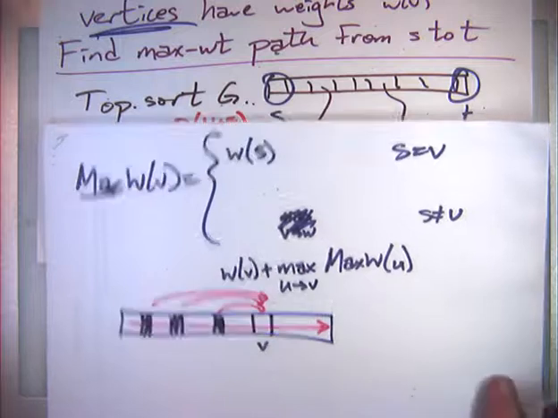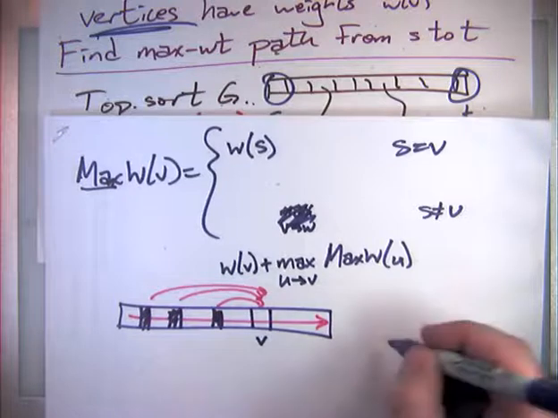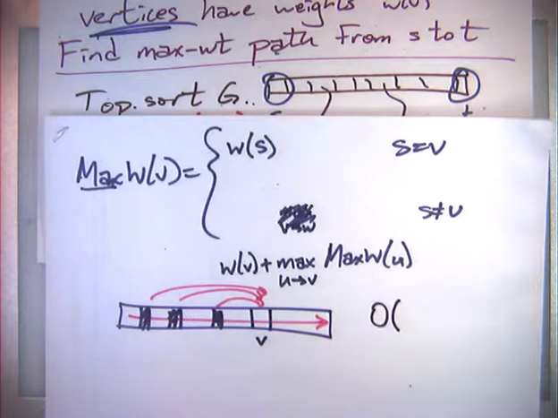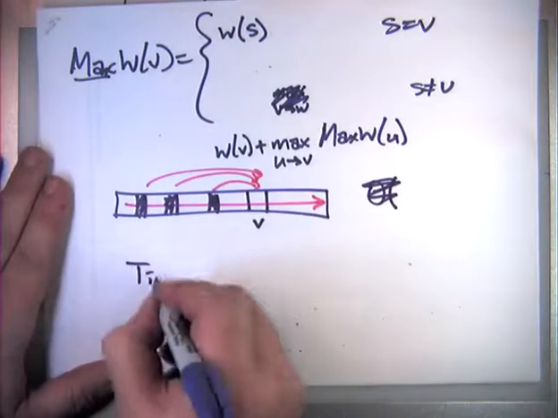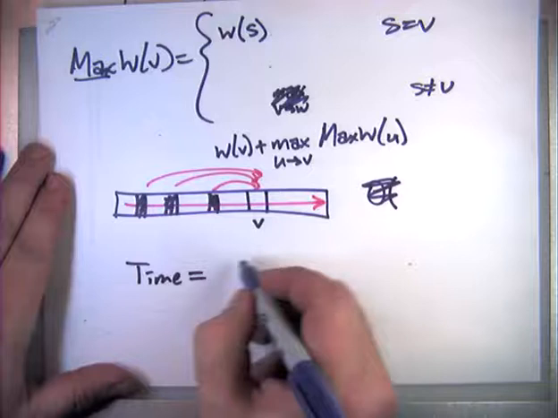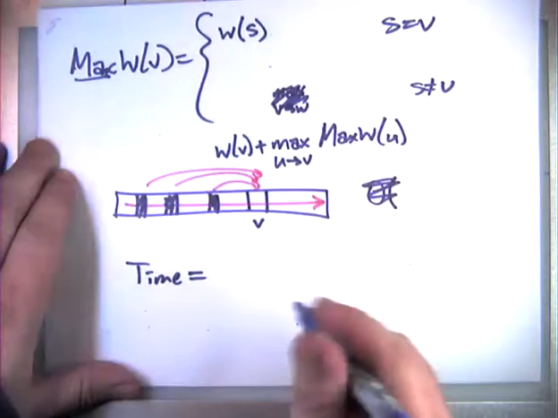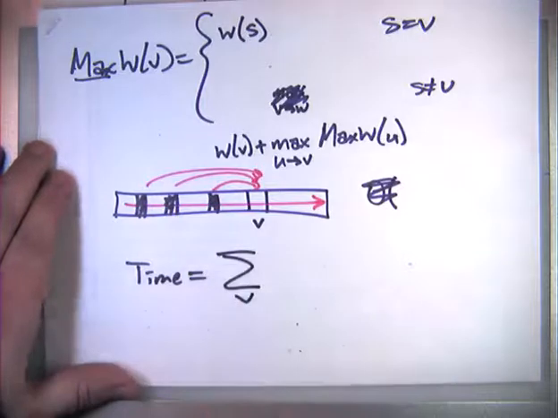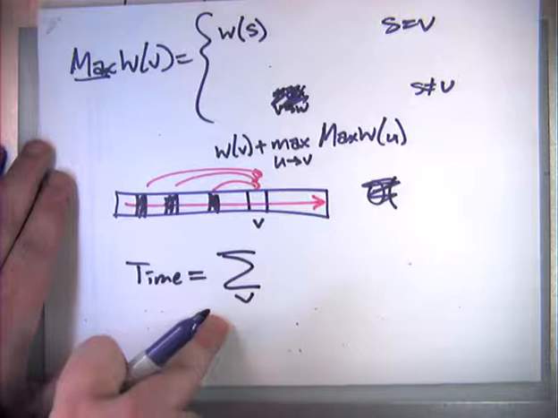And then finally, what's the running time? So let's think about this carefully. Time is going to be: we'll have to evaluate this quantity for every vertex V. And then how much time do I spend on vertex V?